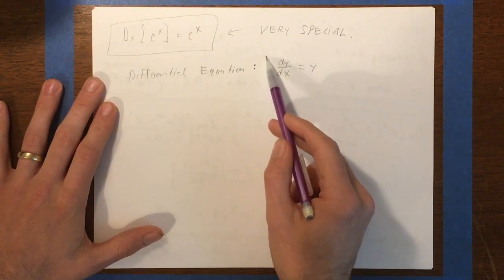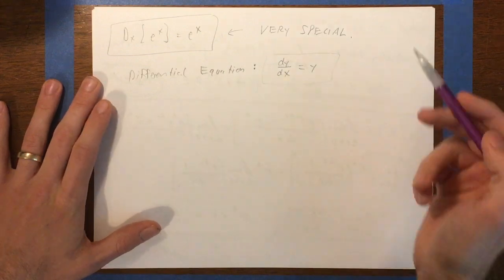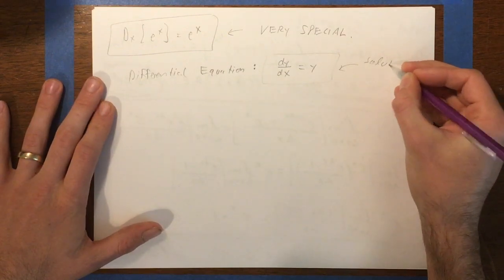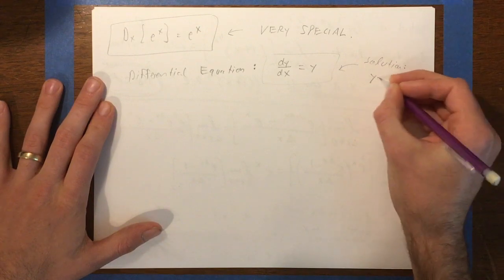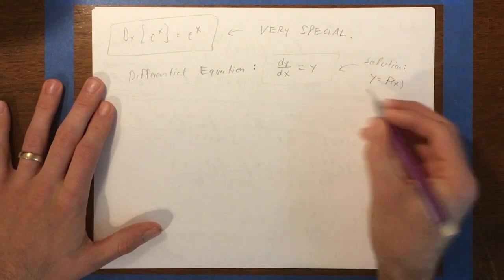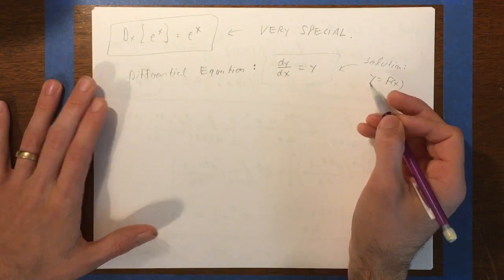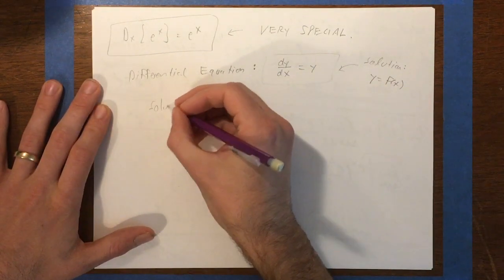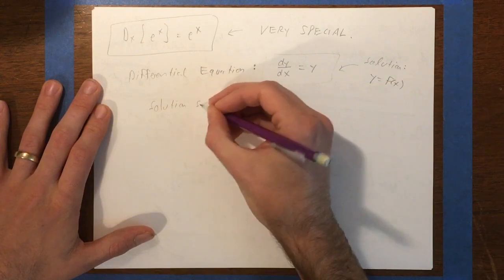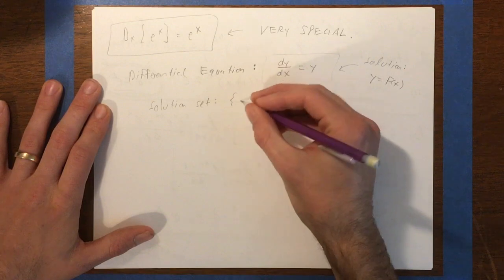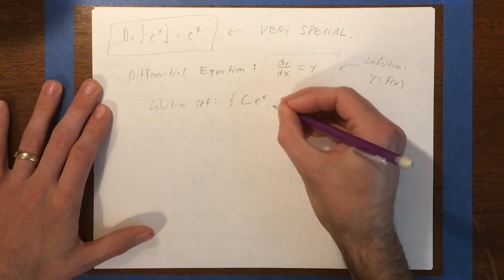If we set up this differential equation, then a solution would be a y equals f of x function, like a y that would satisfy this. And it turns out that the solution set, the set of all possible solutions, is just the set of all functions that are a constant multiple of e to the x.